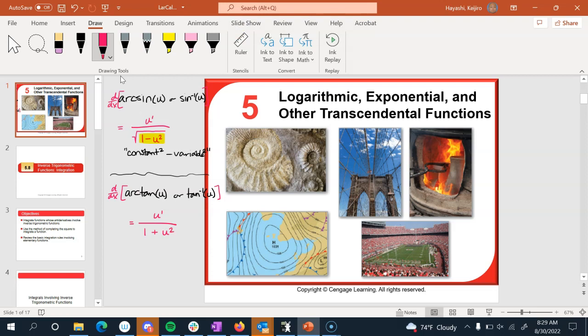If it's addition, the order doesn't matter. It'll be important to recognize this because we're going to talk about the functions that have these as their antiderivatives. We're going to integrate into these inverse trigonometric functions today. Right, so it's just the constant squared plus a variable squared, and keep that in mind for today.